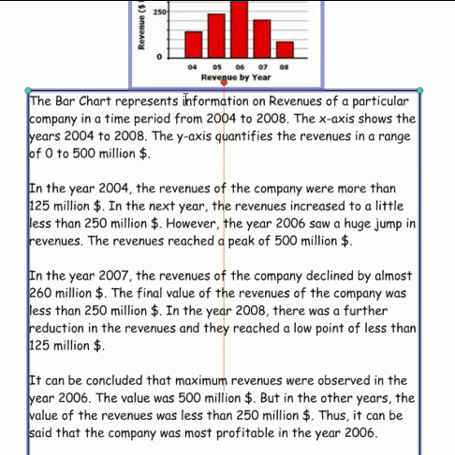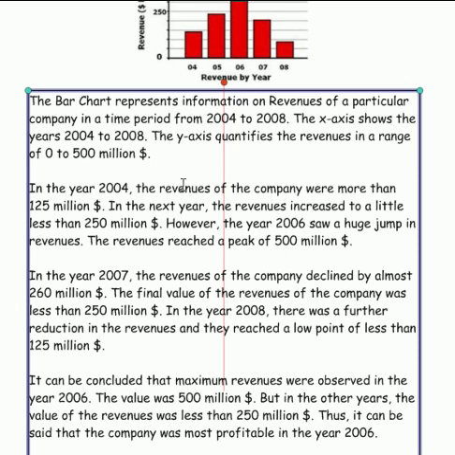The bar chart represents information on revenues of a particular company in a time period from this to this. The x-axis shows the years this to this. The y-axis quantifies the revenues in a range of 0 to $500 million. Now this is perfect. Let's go to this paragraph. In the year 2004, the revenues of the company, remember to check spellings too.